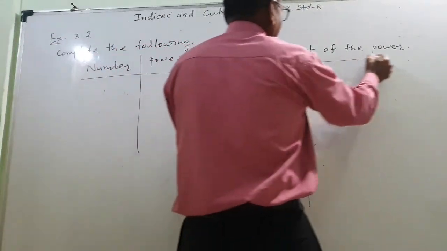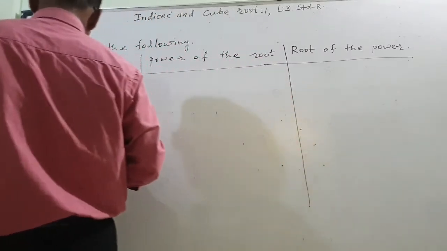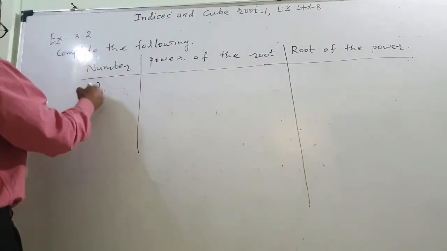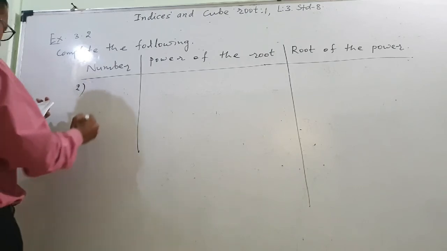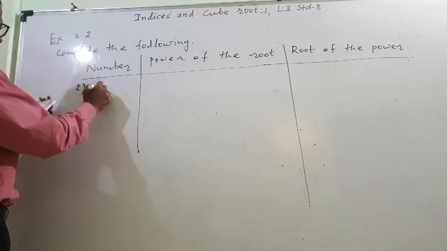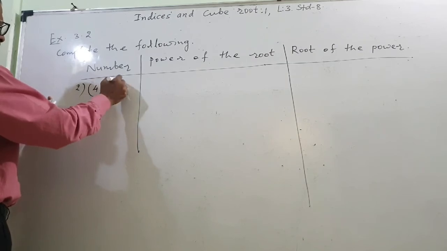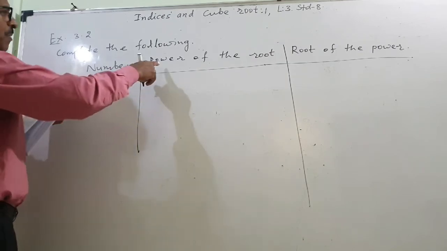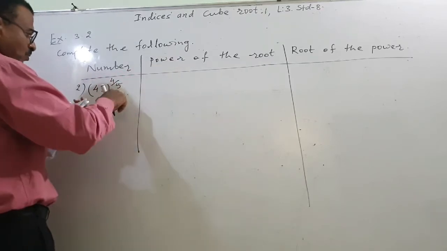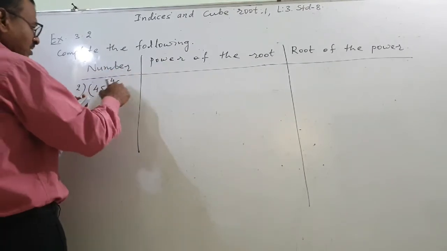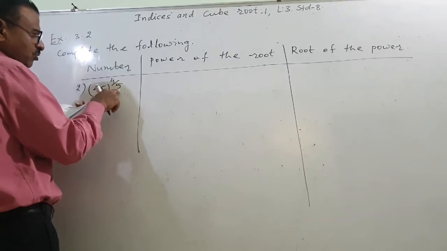2-3 sums I will take from this. The second one I am taking. Second one is 45 raised to 4 upon 5. Power. Which power? Fourth power of fifth root of 45. Power is this and this is the root.